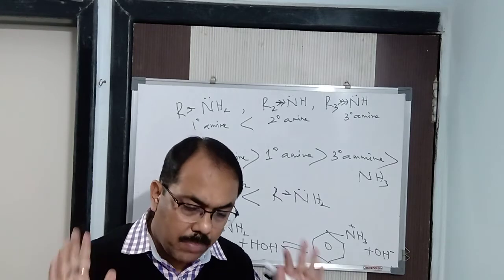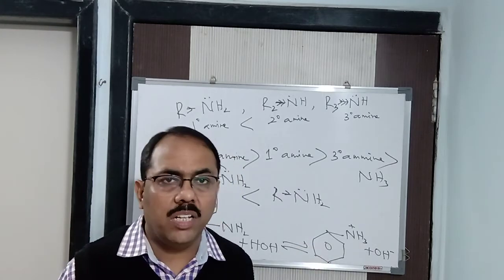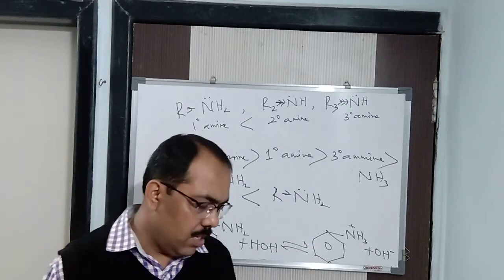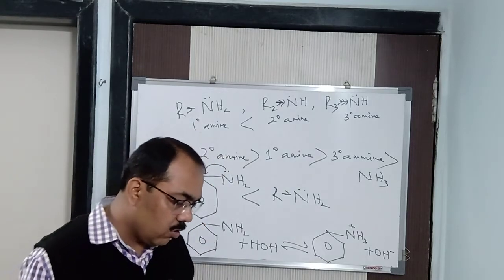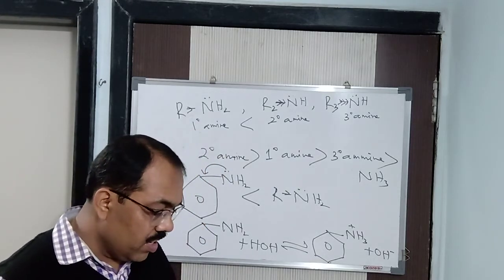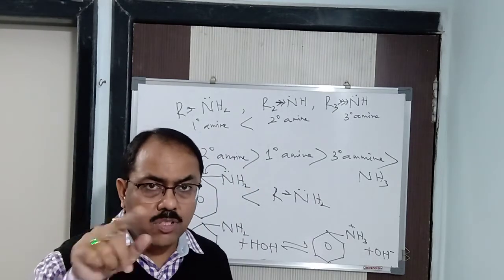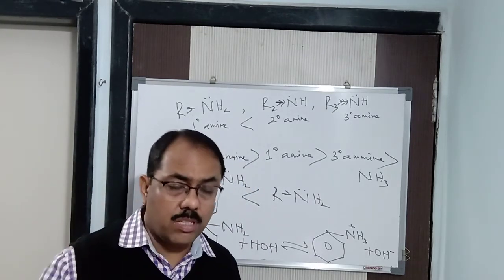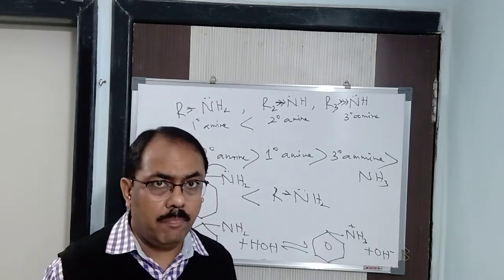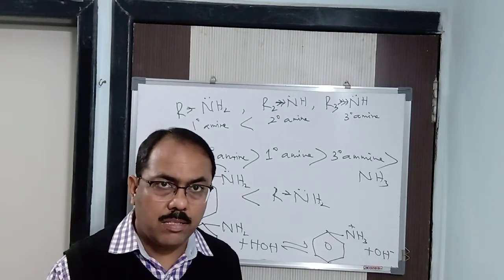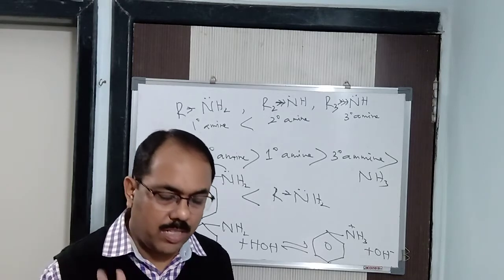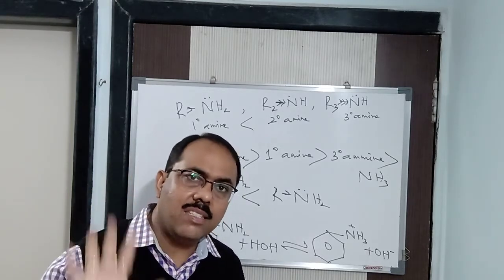Again I repeat, the presence of an electron donor group increases the basic character. The presence of an electron withdrawing group, like NO2, CN, or halogens such as Cl or Br, attached to aniline at the second, third or fourth position, decreases the basic character.